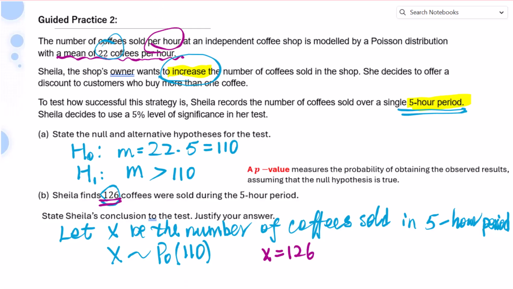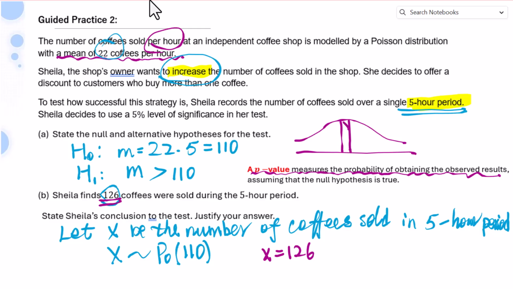Let's talk about how to get the p-value. We will use the definition of p-value to work it out in this question. P-value measures the probability of obtaining the observed results, assuming that the null hypothesis is true. We are given the mean is 110.